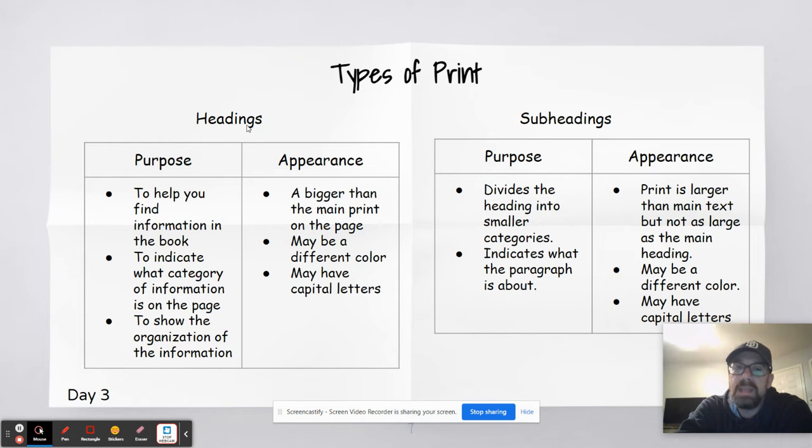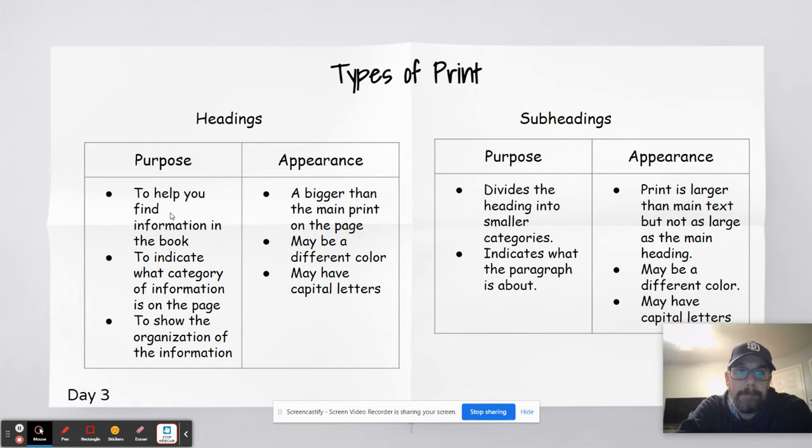You know what a heading is versus a subheading. The heading is that big overarching topic. It shows the information. It is the main category of what's going to be talked about on that page. It helps you locate information. That's the heading that goes into the table of contents.